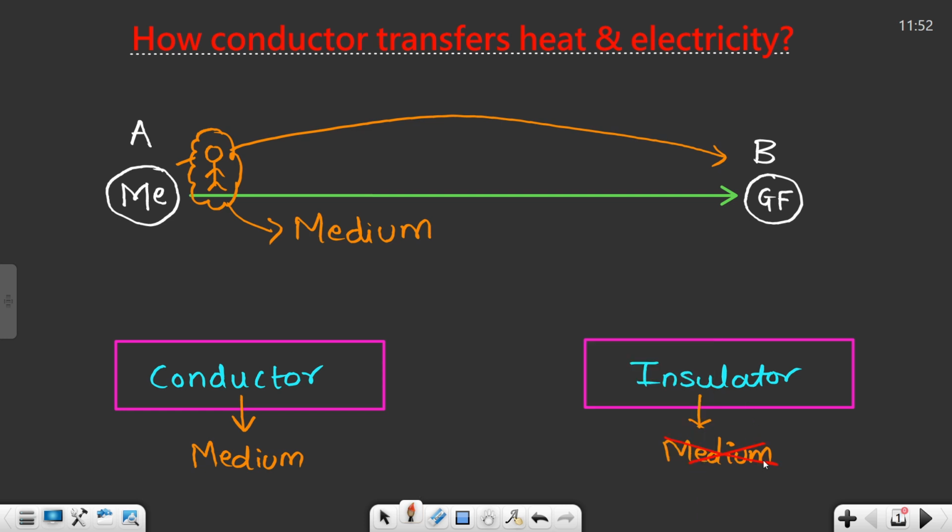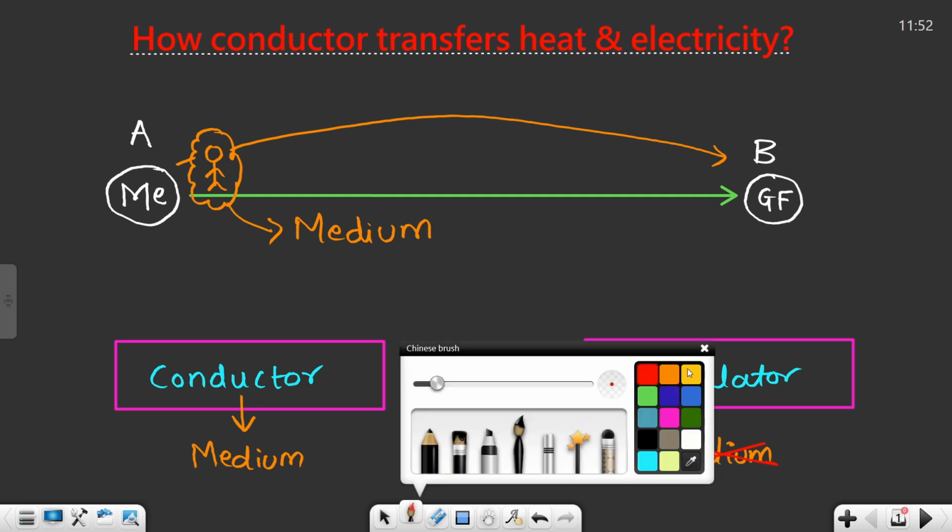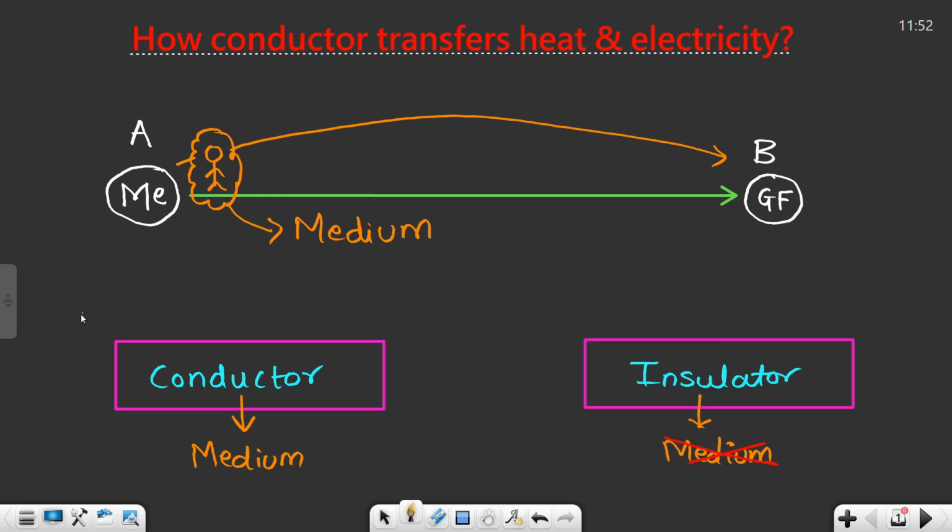Due to this medium, what is happening? The energy supplied at point A, which can be heat or electricity, is able to transfer from point A to point B. So I will be able to sense heat or electricity exactly at point B.